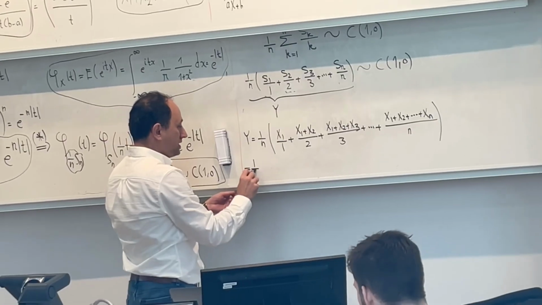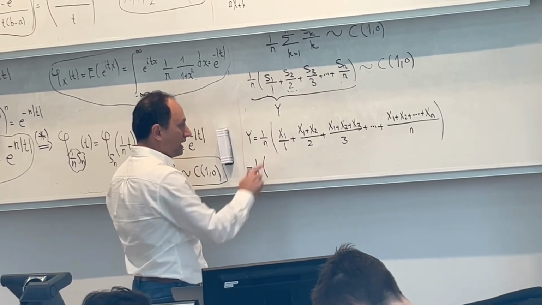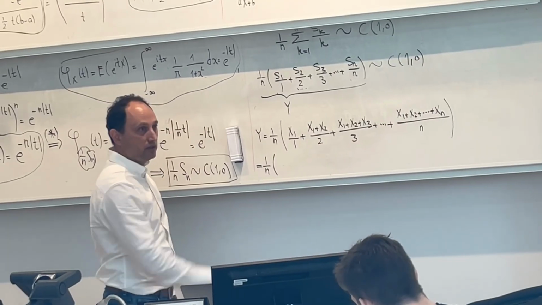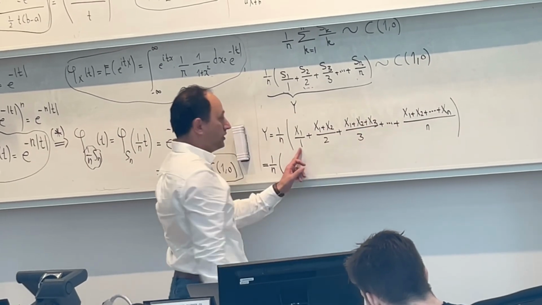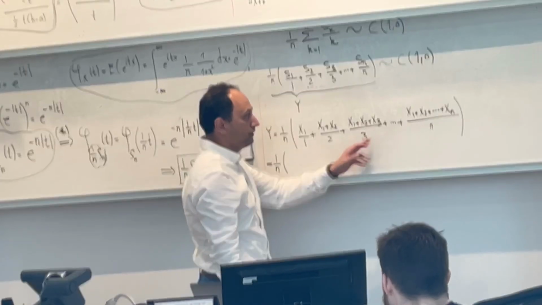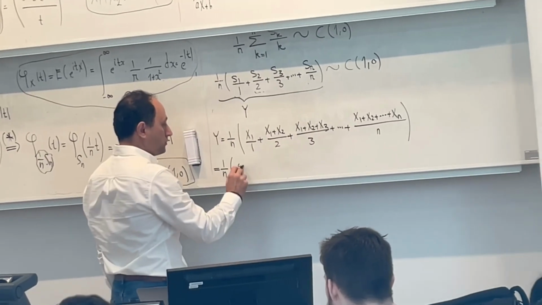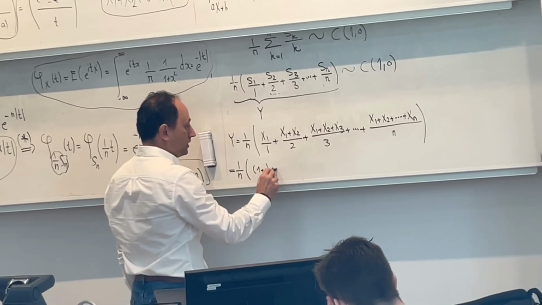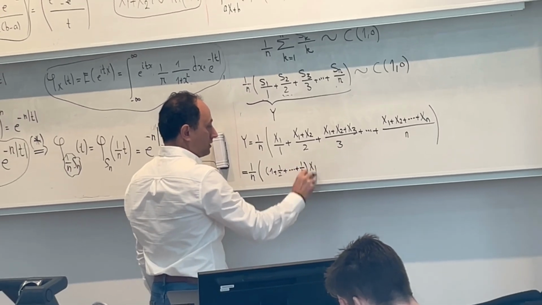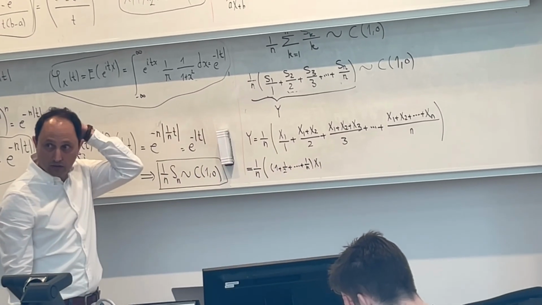Can you see what is happening? x1 appears in how many places? In all of them, but the first one with coefficient 1, the second one with coefficient 1/2, 1/3, up to 1 over n. So it becomes 1 plus 1 over 2 plus up to 1 over n, times x1. Yes?